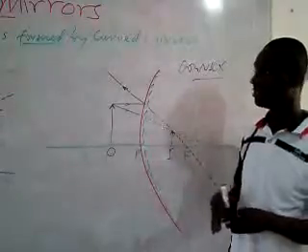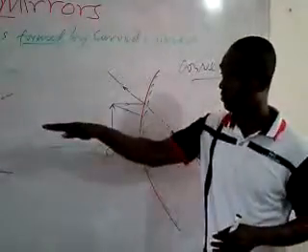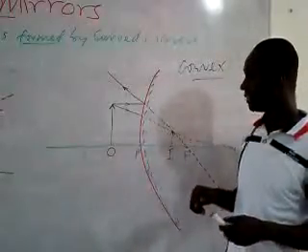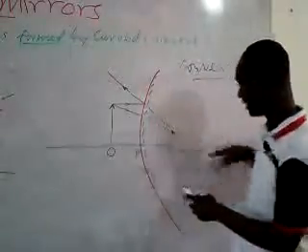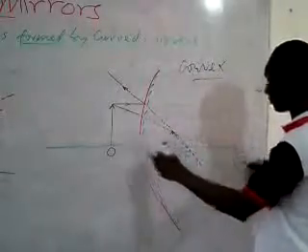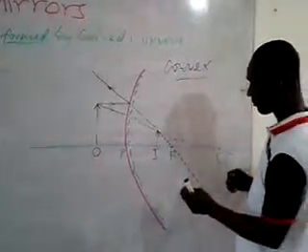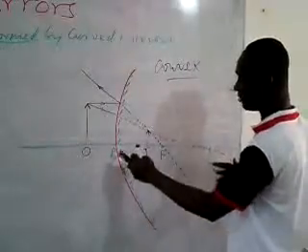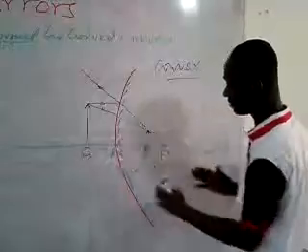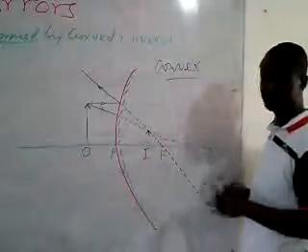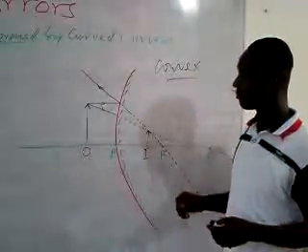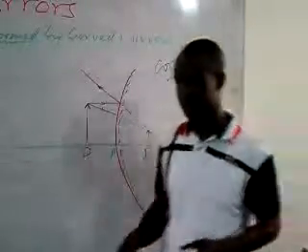Because on the graph sheet you can draw your horizontal lines and then your vertical lines, as well as the principal axis, and you can always divide the principal focus, that is the distance between the principal focus and the radius of curvature. With the help of the graph sheet, you can do them very well, and you can always produce a very neat diagram when you are learning curved mirrors.